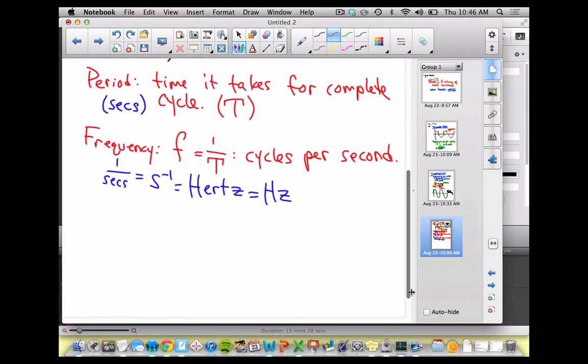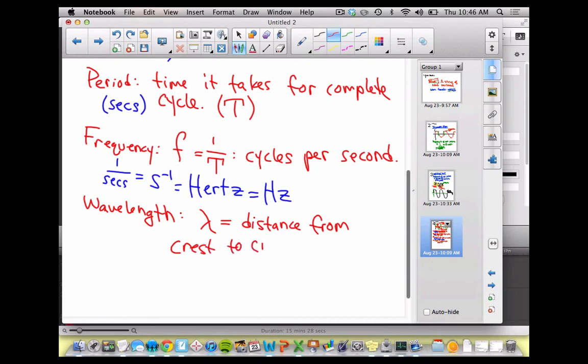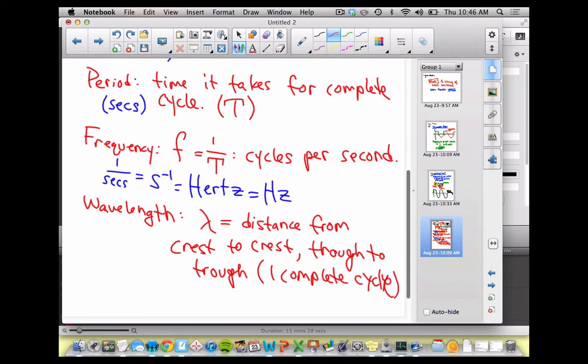So the wavelength is the distance for one complete cycle, or the distance from crest to crest, or trough to trough, basically the length of one complete cycle. And again, this is just a length measurement, so it's in the standard metric units for length, meters.